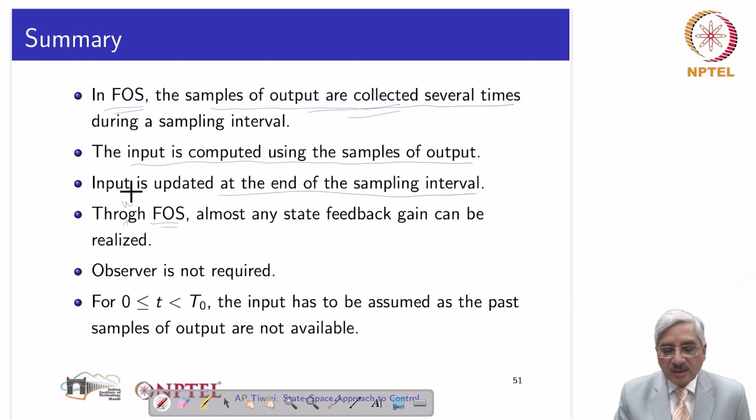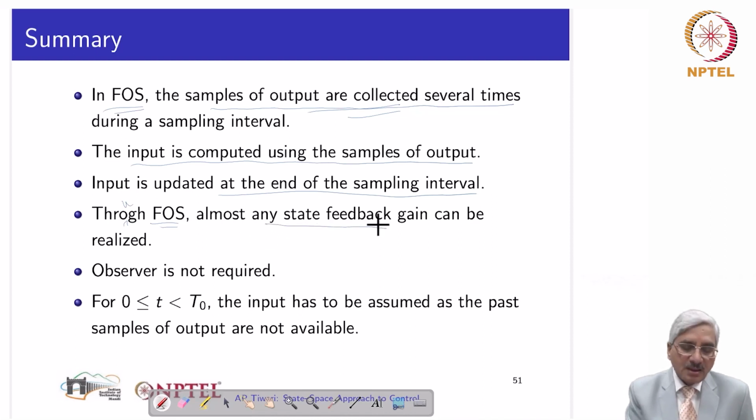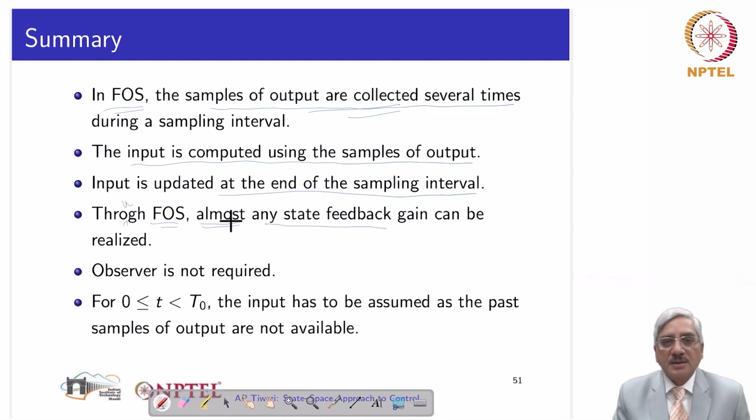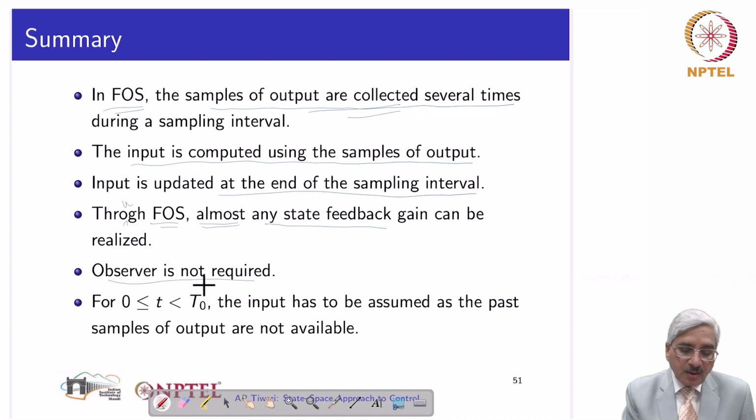Of course, there is only one restriction, that there should not be any pole at the origin. Subject to that restriction, any state feedback can be realized, and that is the reason this 'almost' is written here. And then, of course, an observer is not required.